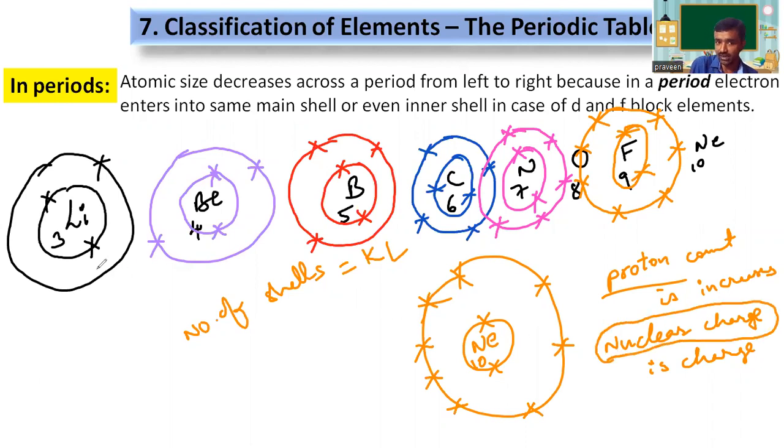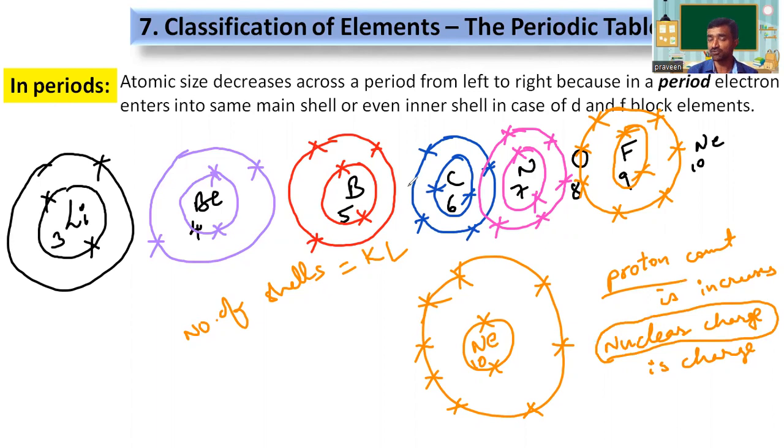As we move from left to right, positive charge increases on the same valency shell. So as the nuclear charge increases, what happens? The electrons come closer to the nucleus because of the greater attraction force by the nucleus.